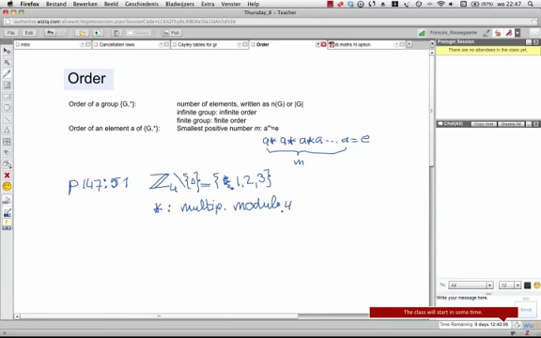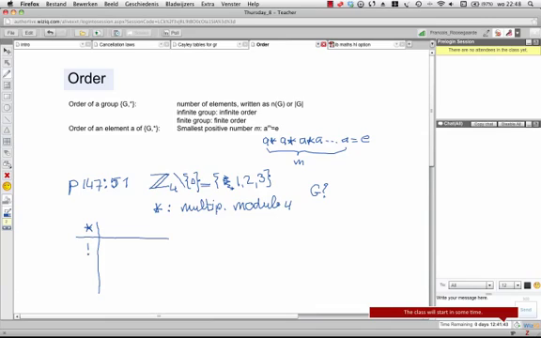Okay, so let's have a look. Is this a group? Yes or no? That's the question. So I have a look at the Cayley table and see if it works. The Cayley table is about the star operation.